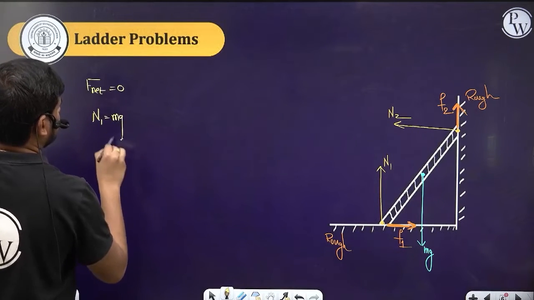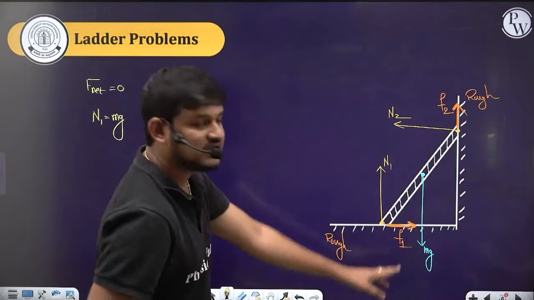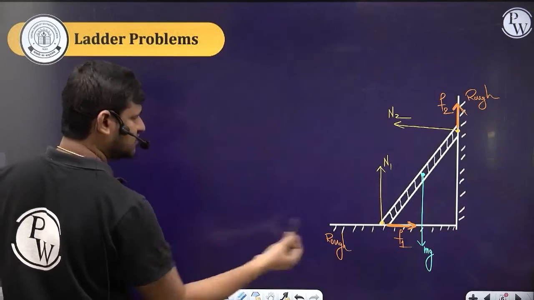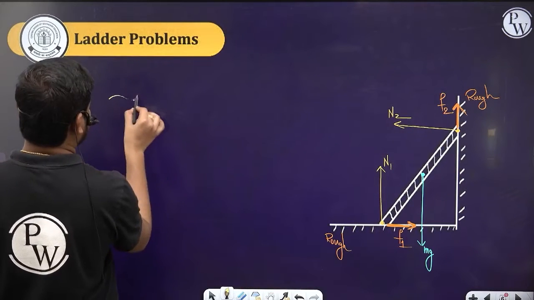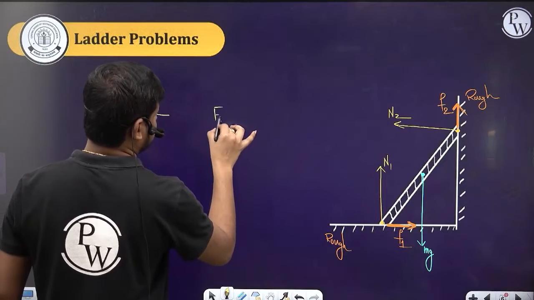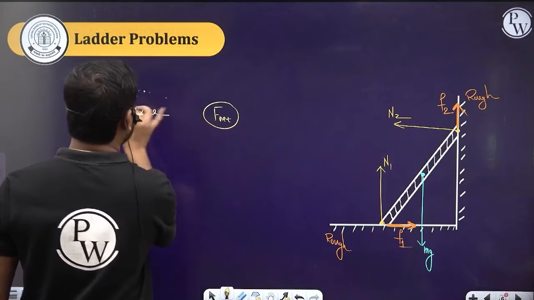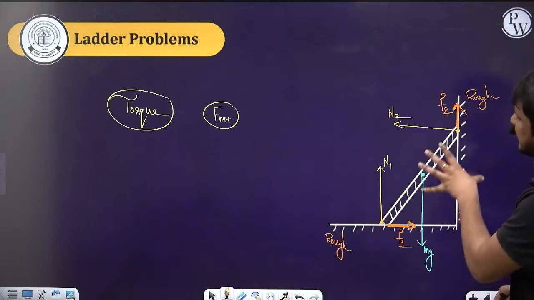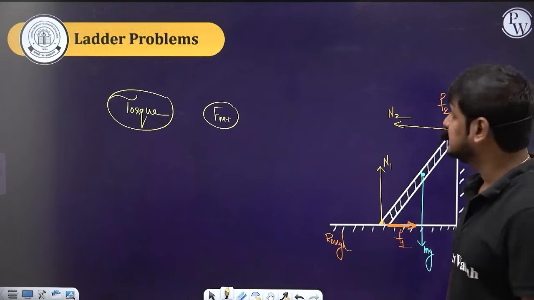Here N1 is balanced by mg; if they mention it in the question, we'll take that. You can take torque and net force into consideration. Just don't write anything, we'll take the question so that you understand better. These are all the forces acting on the body. Done, guys? Now let me take the question.